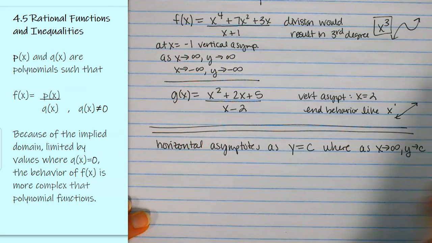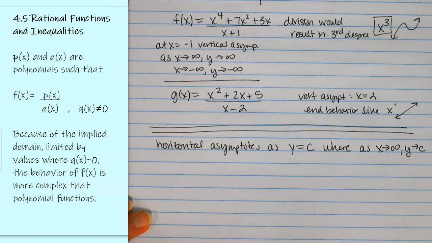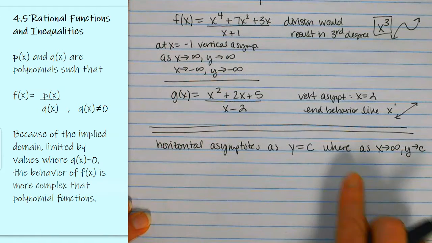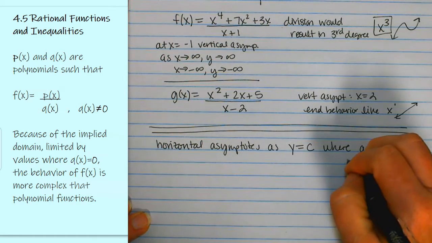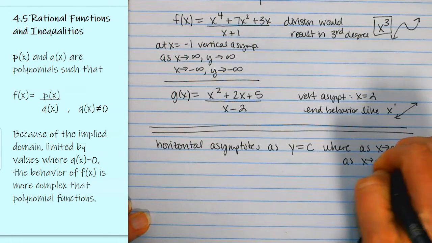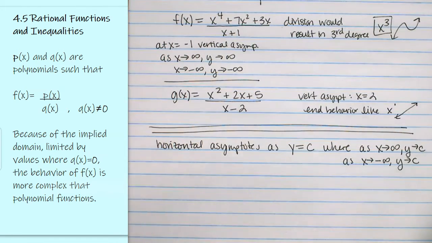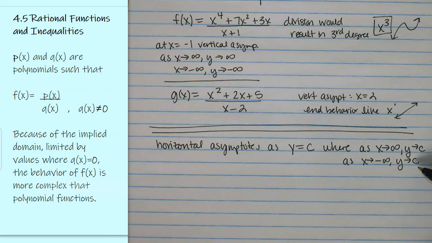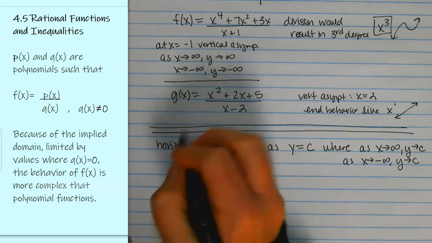So horizontal will be straight horizontal. We didn't actually see that in our examples yet, but we will. As x goes to infinity, y approaches c, and as x approaches negative infinity, y also approaches c. In most cases. In some cases it will approach a different number, but in most cases they approach the same number. So horizontal asymptotes, they're horizontal lines.